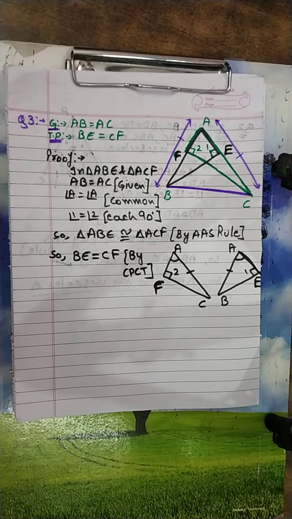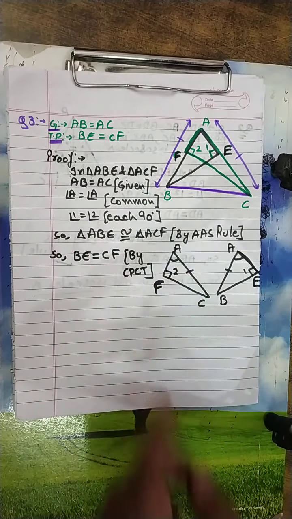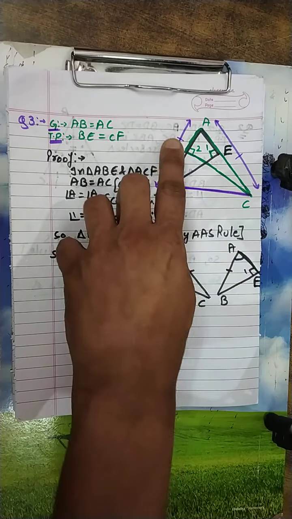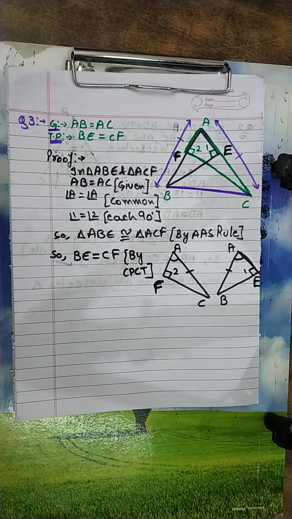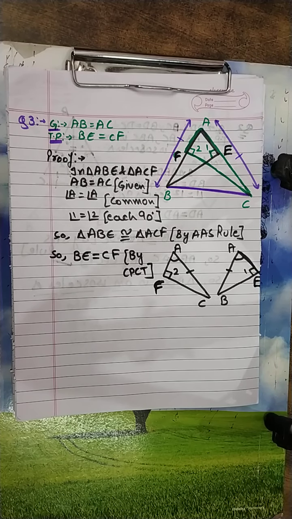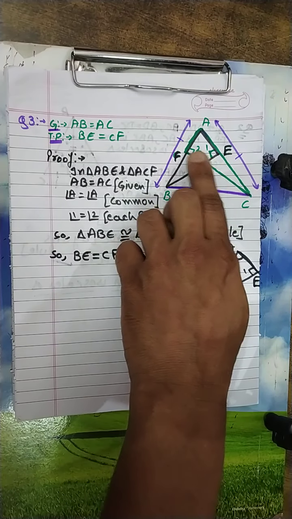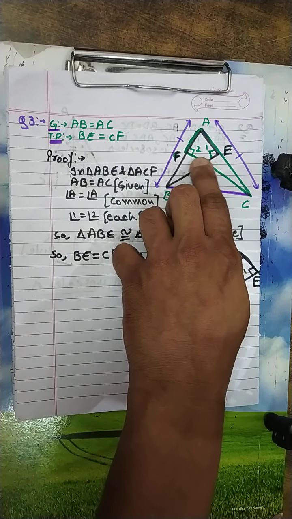Question number 3. ABC is an isosceles triangle. Therefore AB side equals AC side, in which altitudes BE and CF are drawn. What are altitudes? Perpendiculars. It means angles 1 and 2 are both 90 degrees.